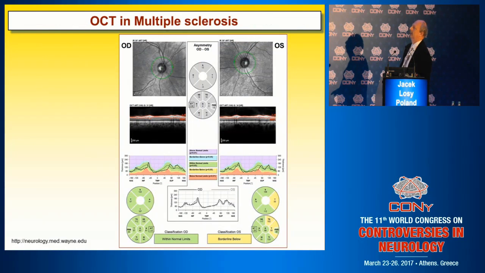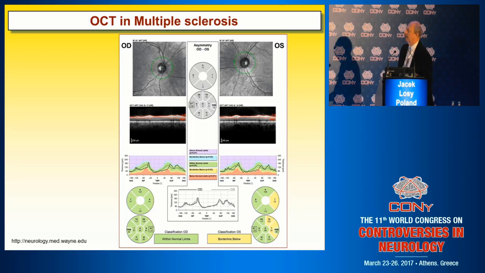This is how it works in practice. You see in the first part the green lines which show you the location where the OCT is taken.